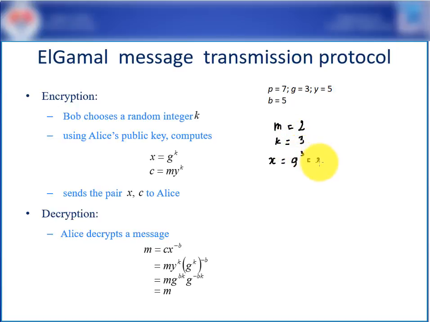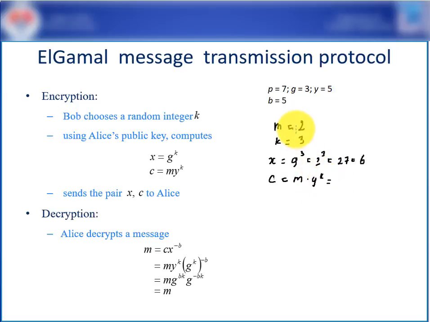So 3 to the power 3 is equal to 27, which is 6 modulo 7. Now we are ready to calculate our ciphertext, which is equal to the message multiplied by y to the power k.